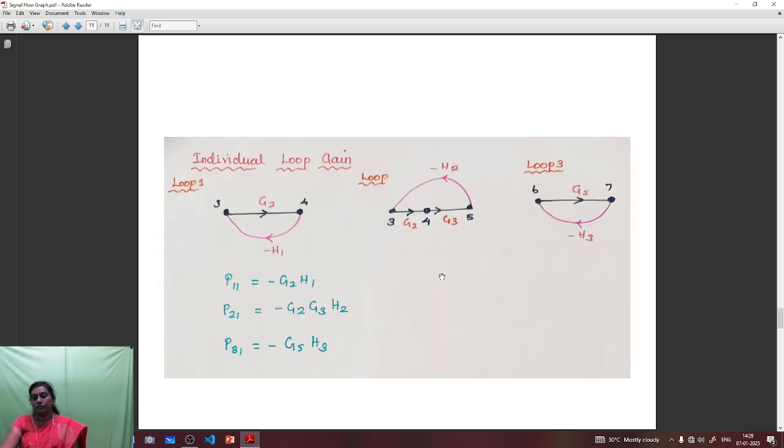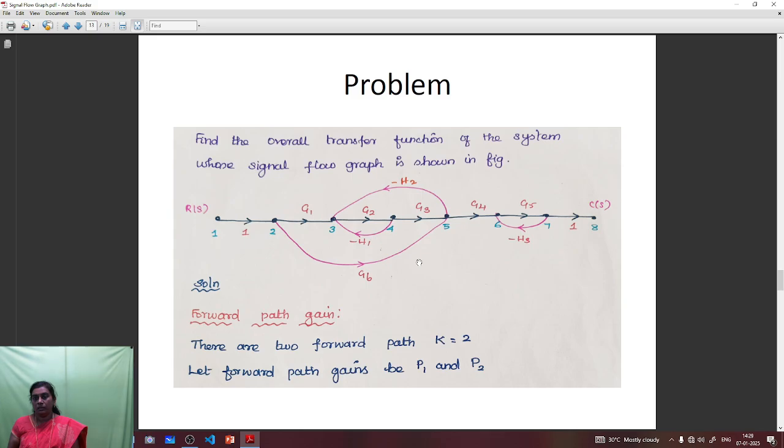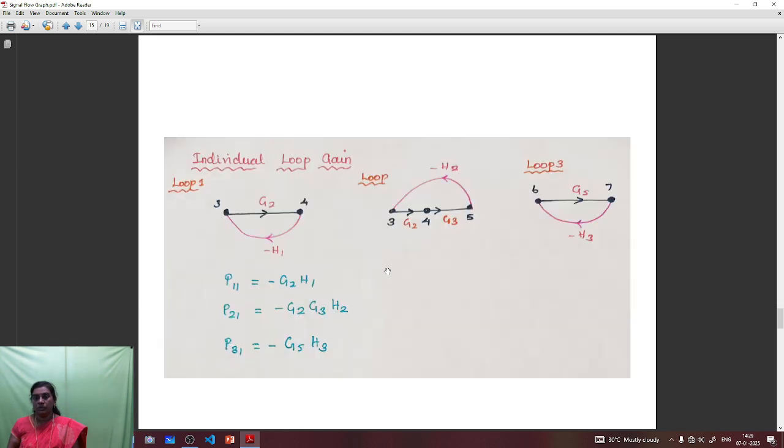Next we will see the individual loop gain. If you see the graph, here you are having 3 loops. This is loop number 1. This is the second loop, and this one is the third loop. So we are having 3 loops. Here P11, P21 and P31 represent the individual loop gains.